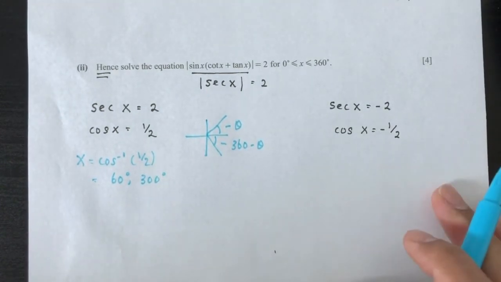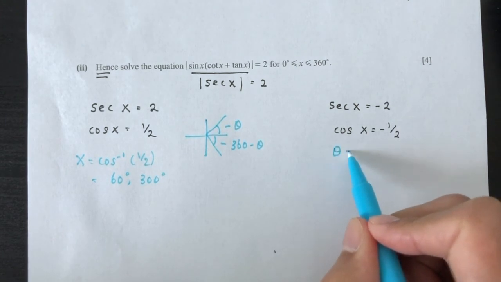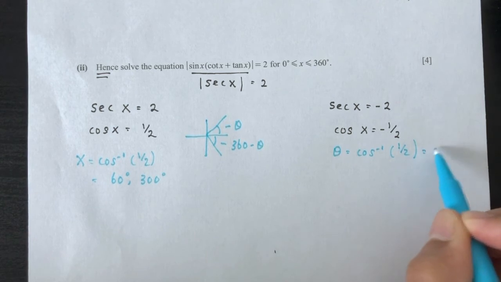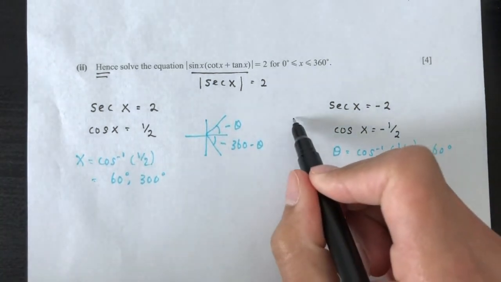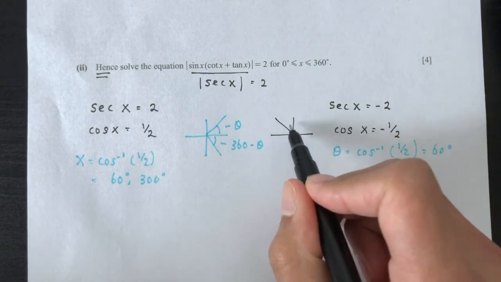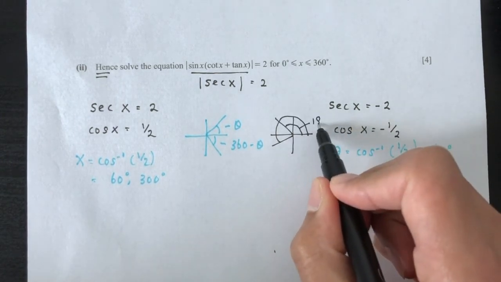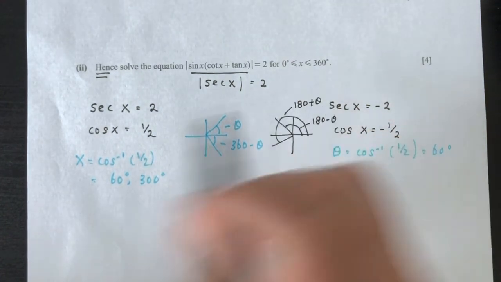Now for this one, whenever it is negative, we first have to use the value of theta as cos inverse of the positive value. That will give you 60 degrees. So you have to know, when cos is negative, it is in your second quadrant and your third quadrant. This is 180 minus theta, and this is 180 plus theta.